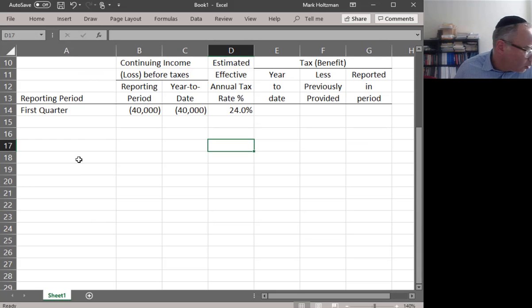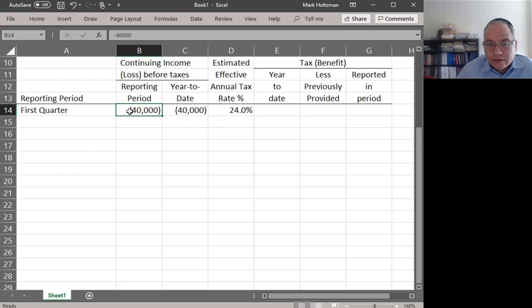So let's take the first quarter. This is from page 706 of the book, and it's also in 707. Let's say that we have a loss in the first quarter, which is year to date, and the estimated effective annual tax rate at that time is 24%.